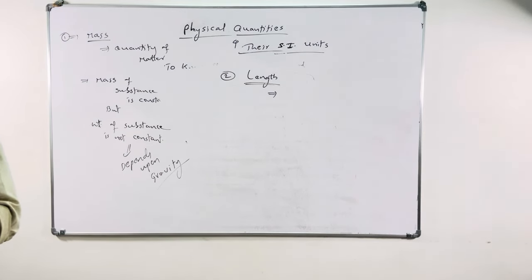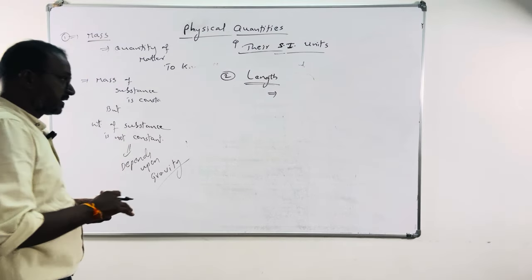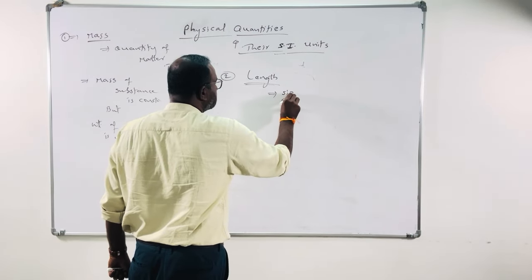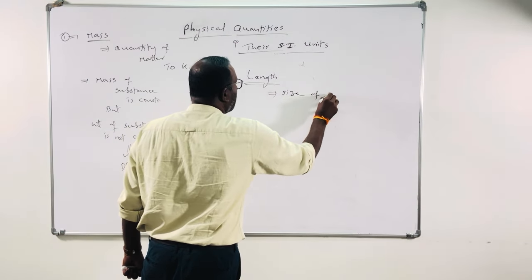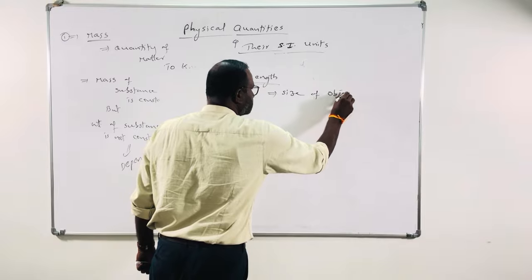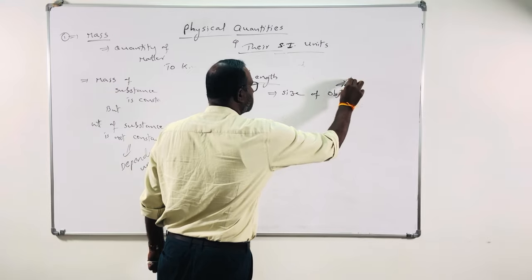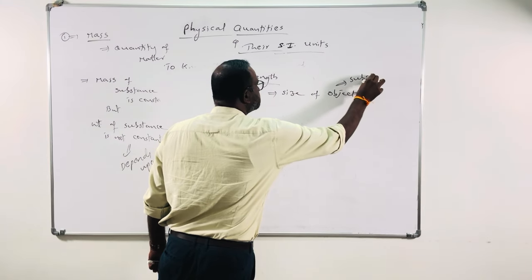The size of an object. Length means the size of an object or substance, you can say. That object you can say here as substance.